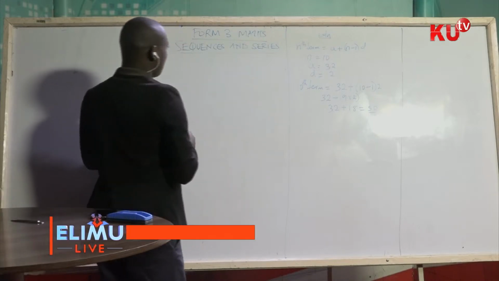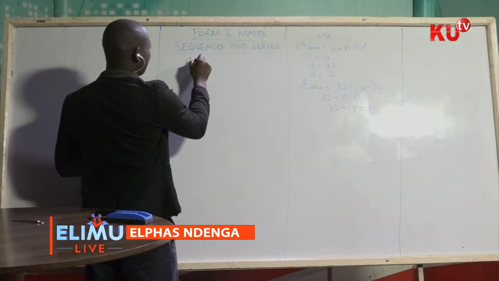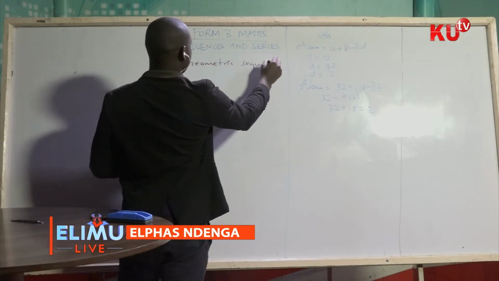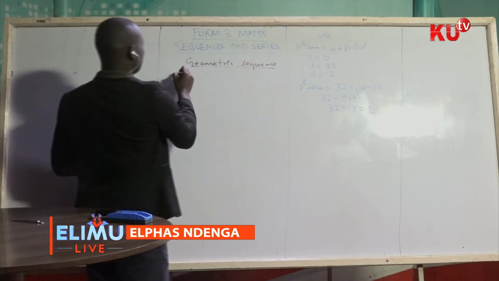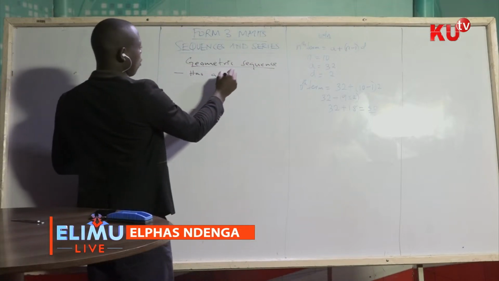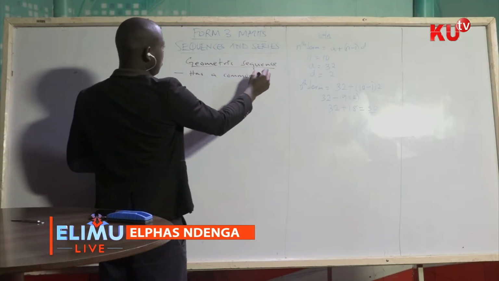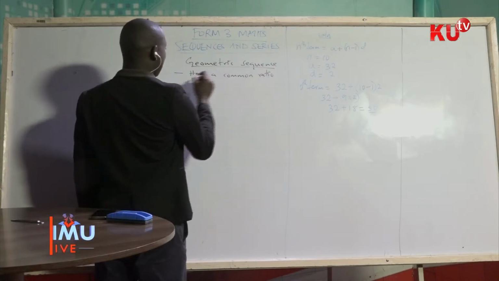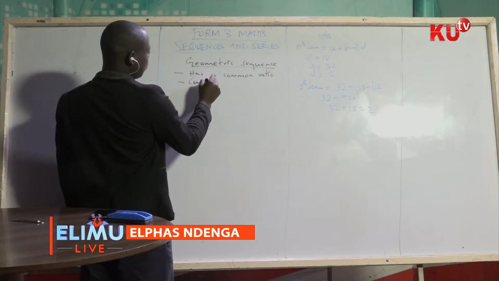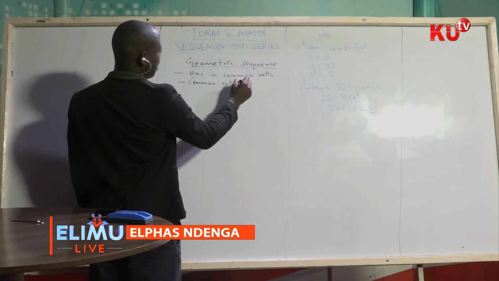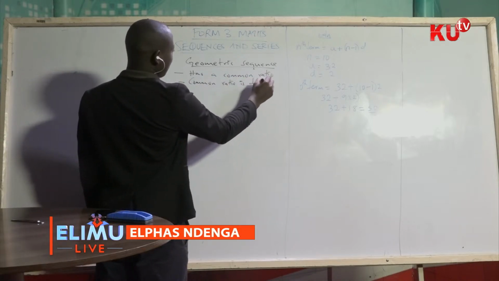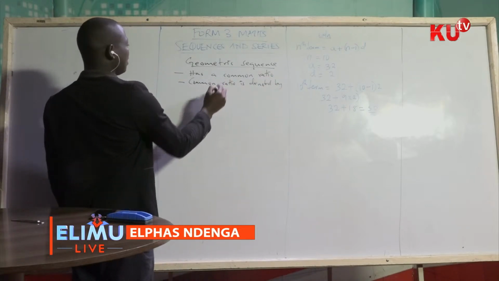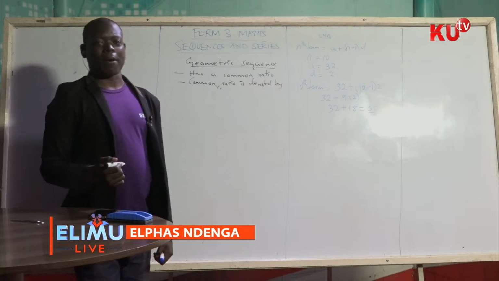We are looking at geometric sequence, and we are saying that in a geometric sequence, this one has what we call a common ratio. And how do you represent the common ratio? Represented by R. The common ratio is denoted by R. So whenever you see R, it simply implies the common ratio in this topic.